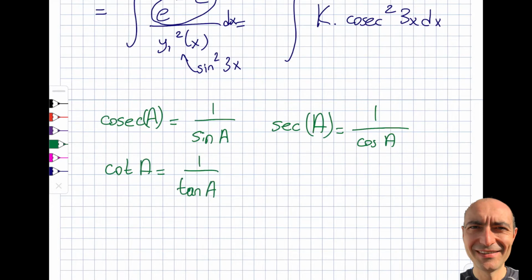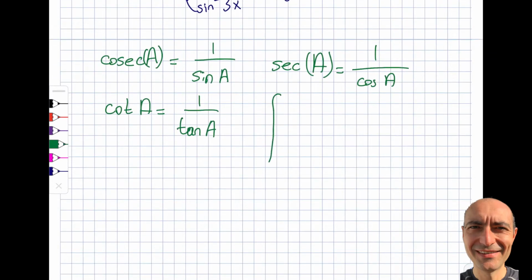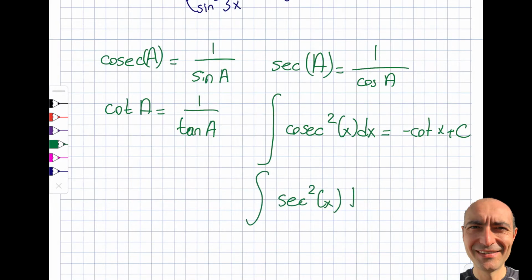So I will also write some integration formulas that you should know. The integral of cosecant square of x dx will be minus cotangent of x plus c. And the integral of secant square of x dx will be equal to tangent of x, again plus the integration constant.